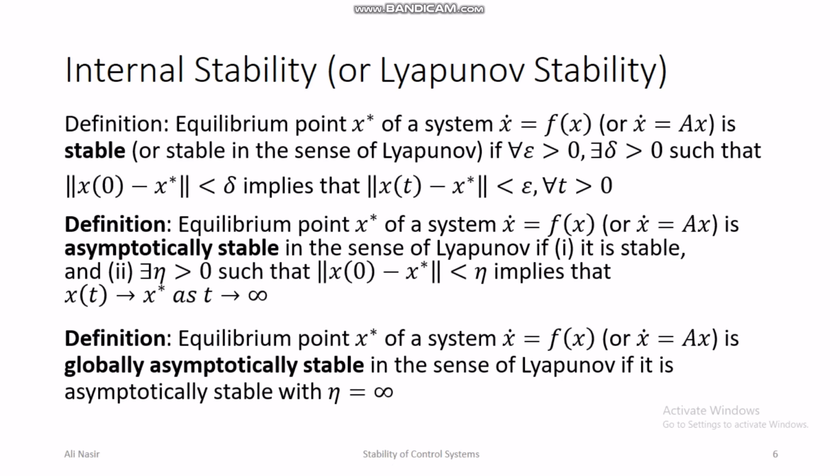Alright, so next we look into the definitions of stability in a little more detail, because it is very important that you clearly understand the definitions of stability and what they mean for the systems.